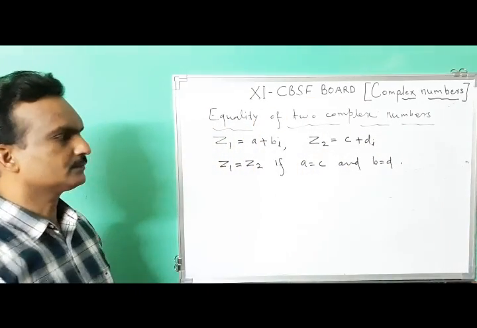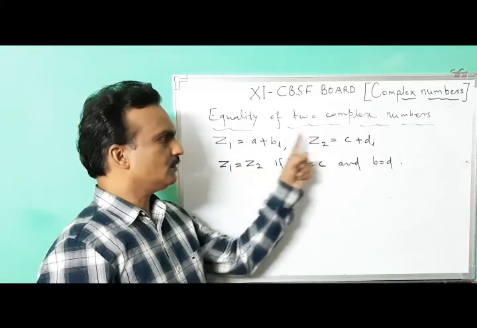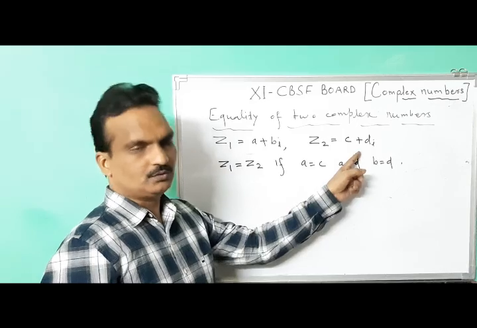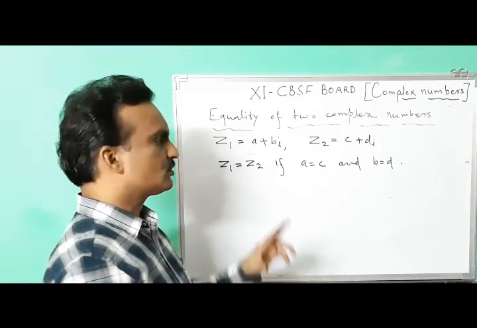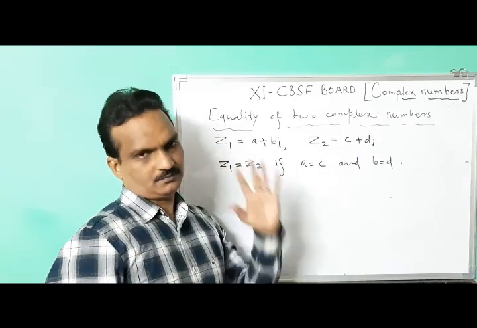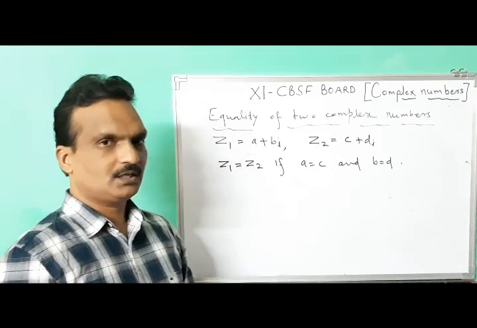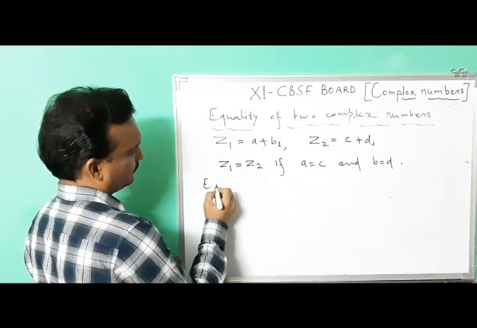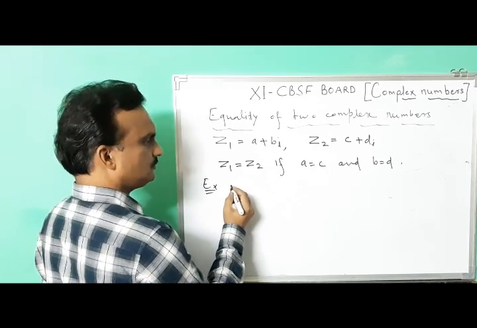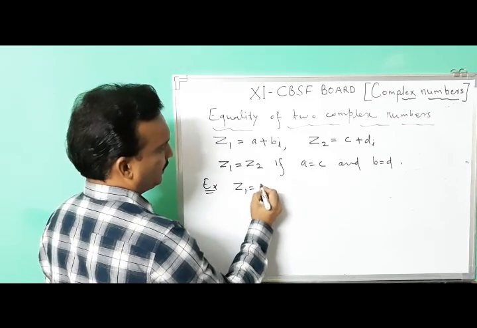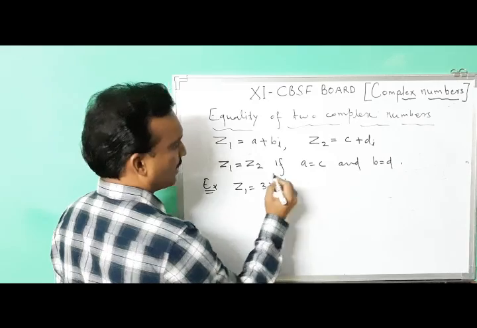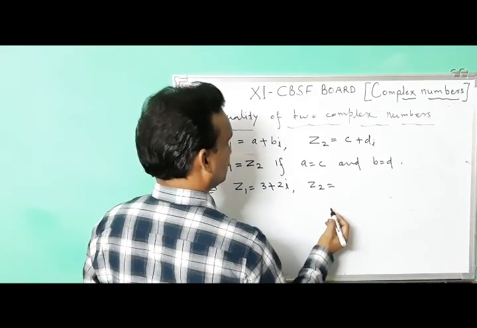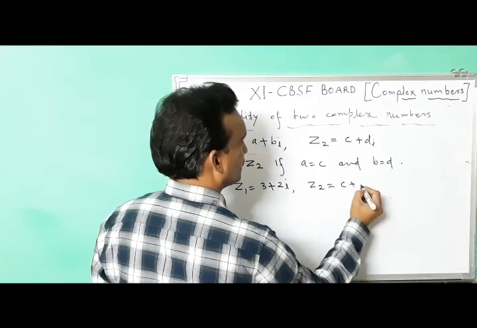Understood? A is equal to C and B is equal to D. If this condition is true, then we can say that these two complex numbers are equal. Right? Let us see one example. Suppose Z1 is equal to 3 plus 2i and Z2 is equal to C plus Di.